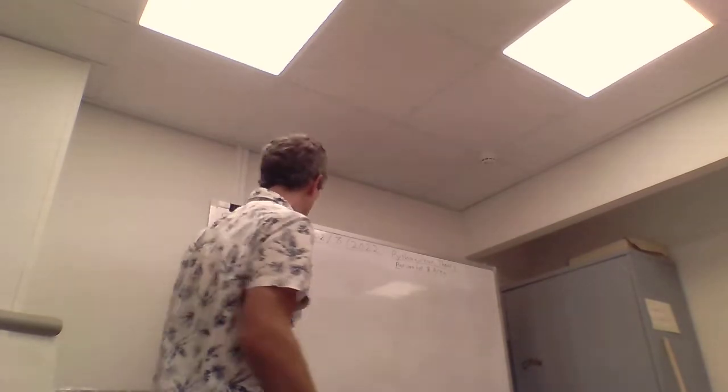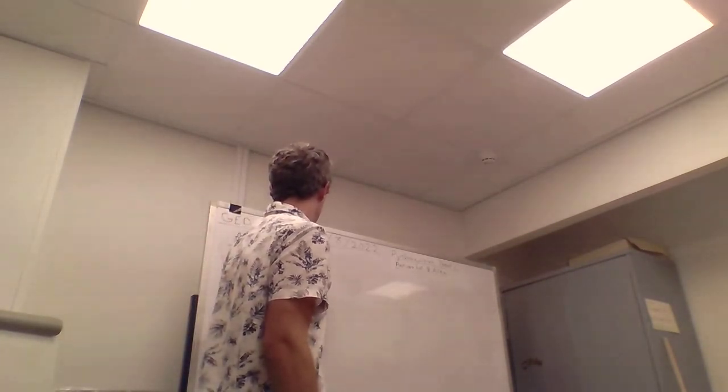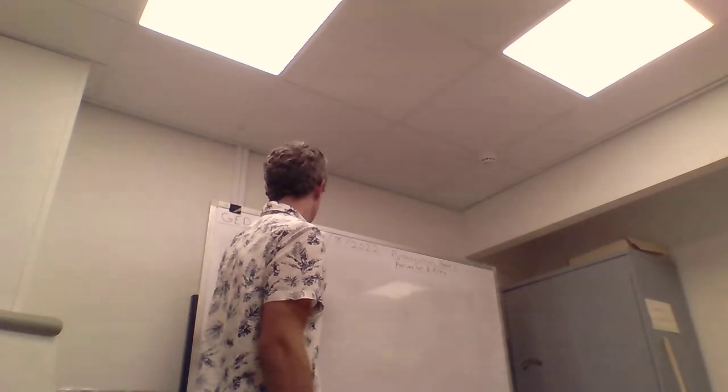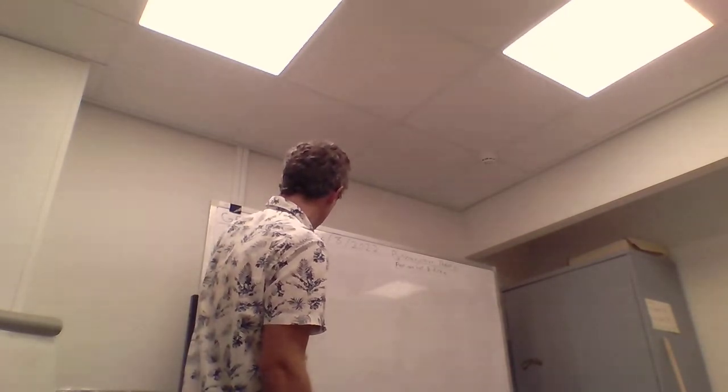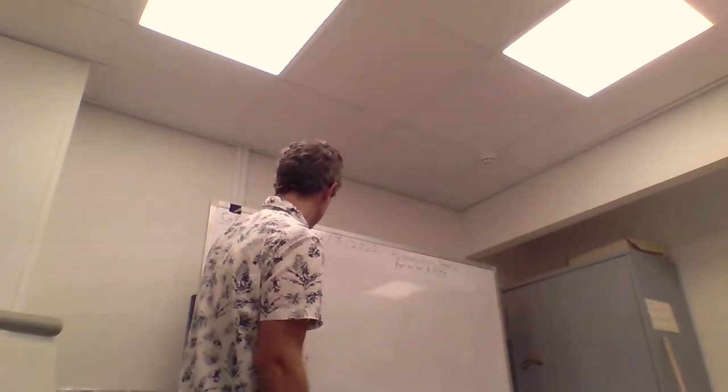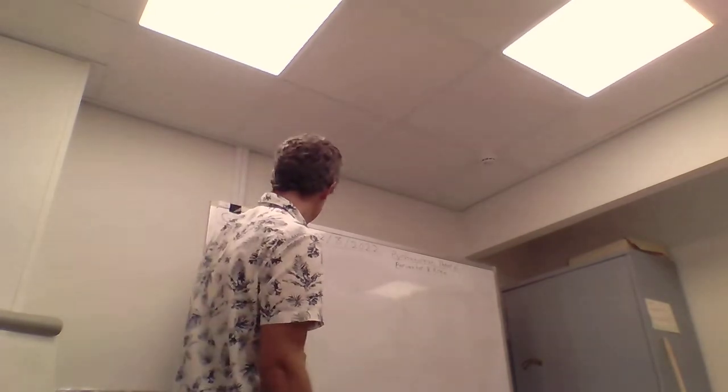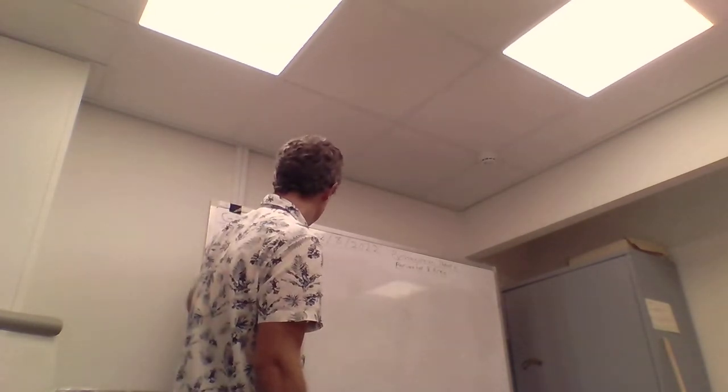Okay, so now, how about a trapezoid? Right? So here we have base. And what we have with the trapezoid is we have to do both bases. Okay? And we use the height. Alright?